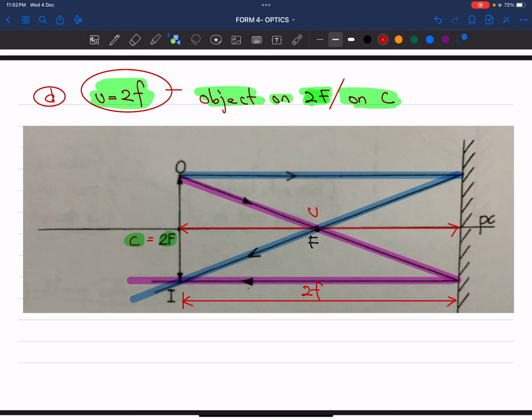Where the two lines intersect, that is where the image will be formed. This is our image. So you notice that the object and the image are at the same place.